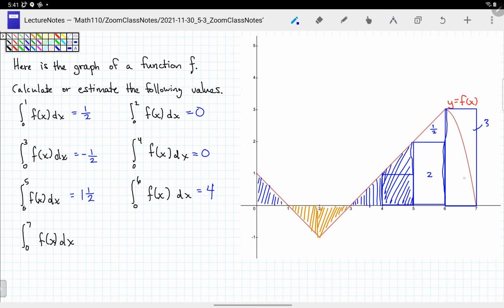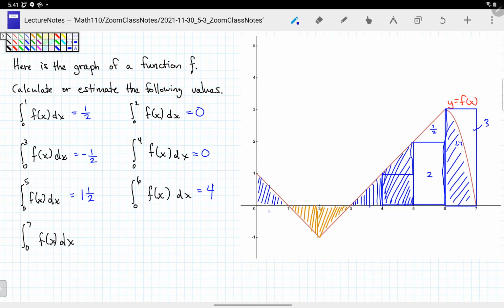It's a 1 by 3 rectangle. And it looks like this is a little bit more than 3. So maybe this part here is, I don't know, 1.7, just taking a guess.